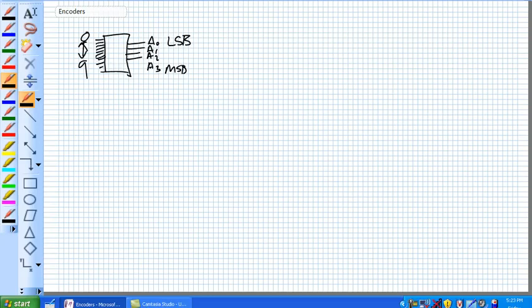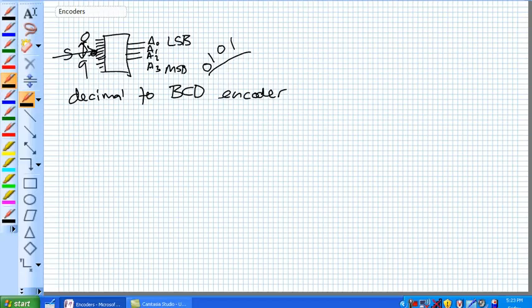You go ahead and press a 5 key, and what you're going to get out is 0, 1, 0, 1, which is the BCD output for 5. So what we've done is just created a decimal to BCD encoder. Key thing about this is only one key can be pressed at a time.